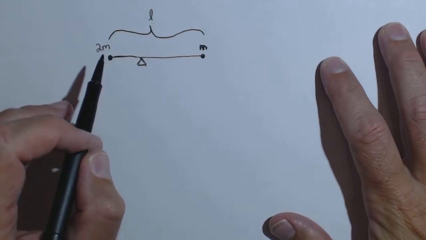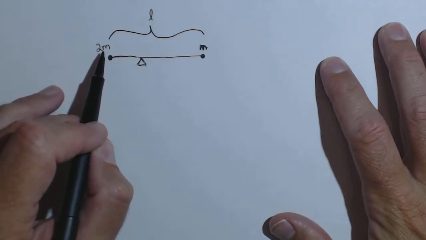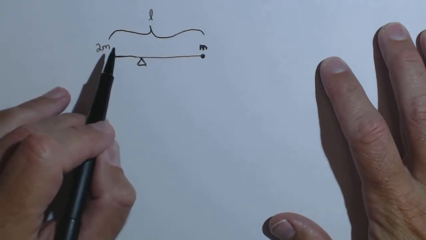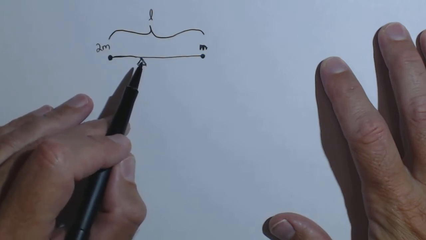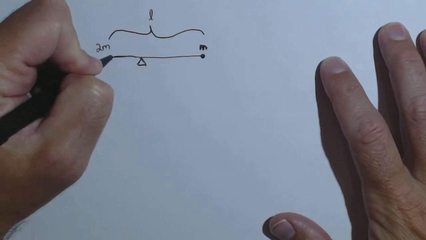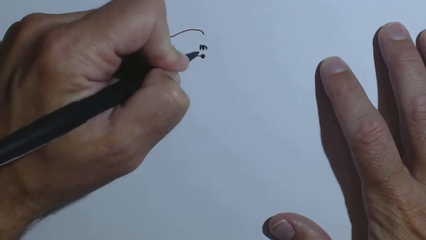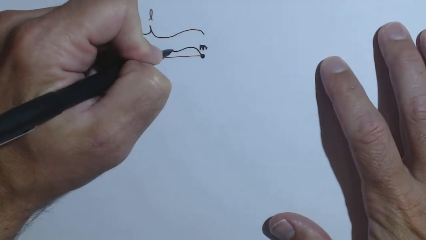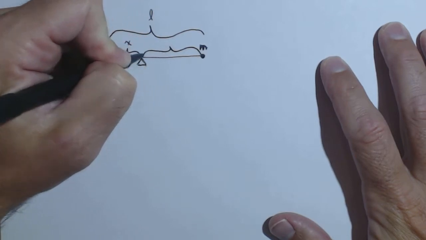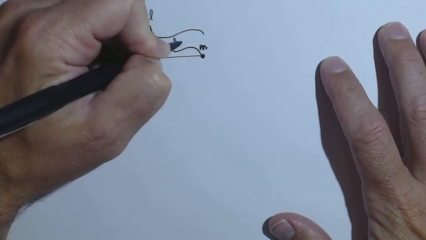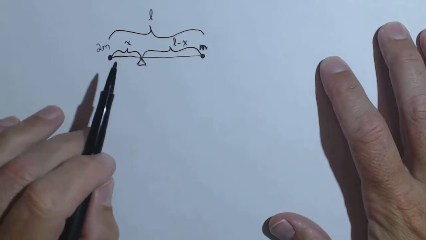So the way we're going to get the moments is we are going to look at not only what the mass of an object is, but how far it is from the center. So for instance, maybe we call this distance x, and then we call this distance L minus x.